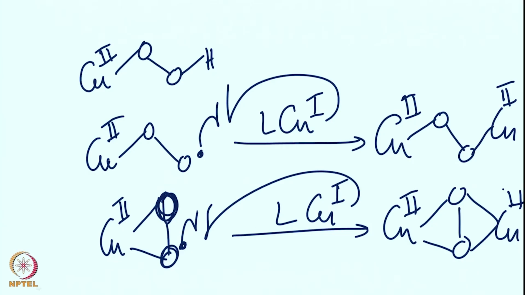Now, I hope you have seen that copper oxygen chemistry is really exciting, right. These are mononuclear chemistry, these are dinuclear chemistry, and one thing we did not discuss, there is multinuclear chemistry as well, we have discussed earlier, right.